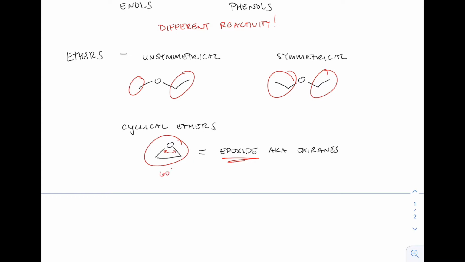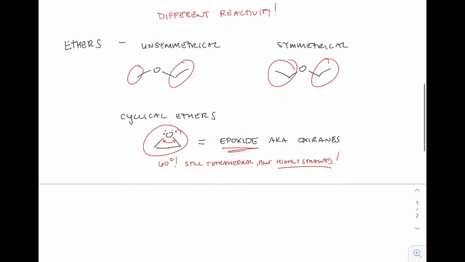This epoxide, however, since it's in that three-membered ring, is 60 degrees, and so even though this still has four regions of electron density, meaning it's tetrahedral, it's highly strained because that 60-degree angle is drastically different than the 109 that it wants to be. This is going to dictate the reactivity of the epoxide, and it's much more reactive than the ethers and the alcohols, and we'll see that later.